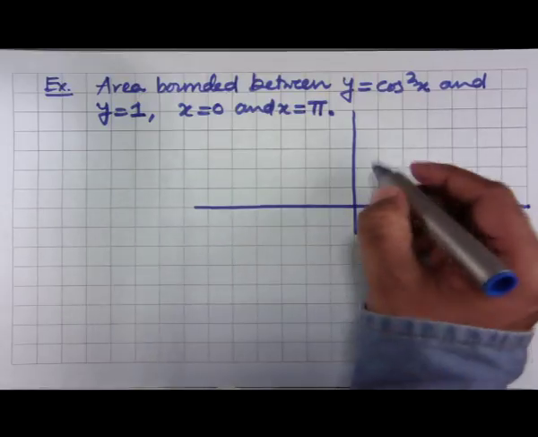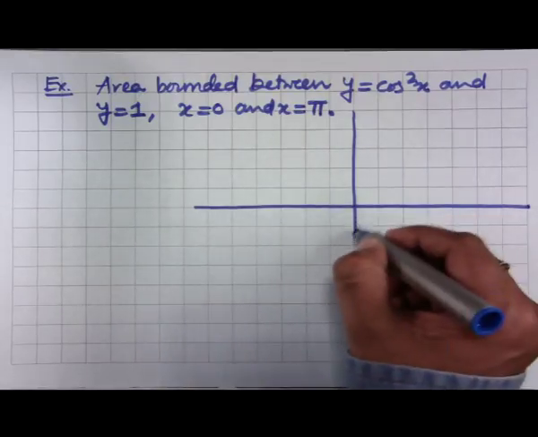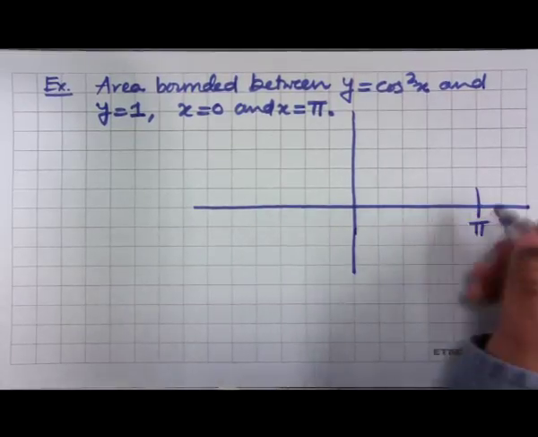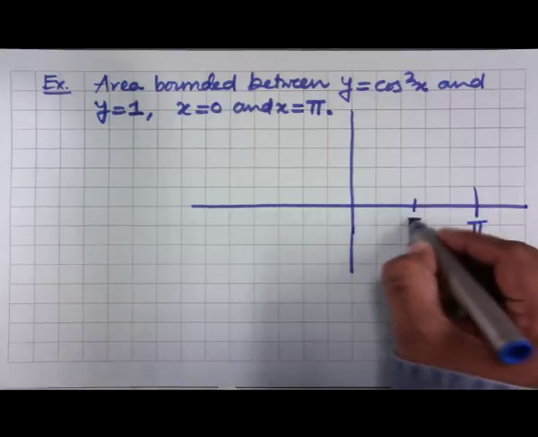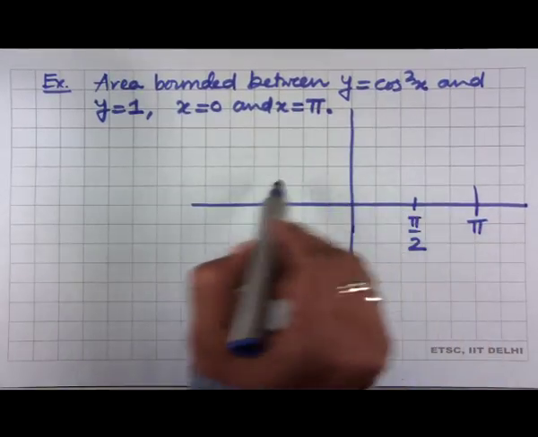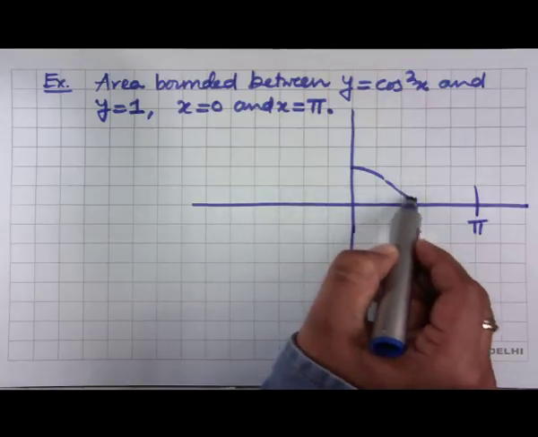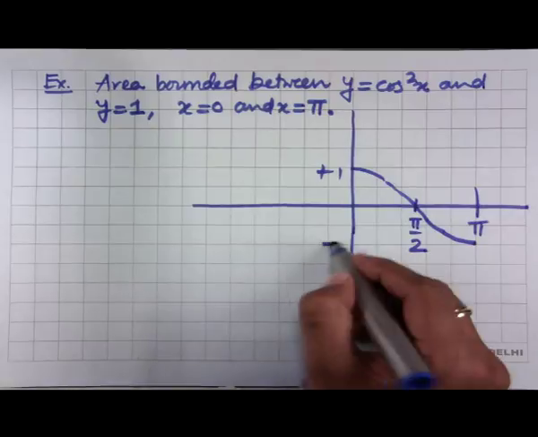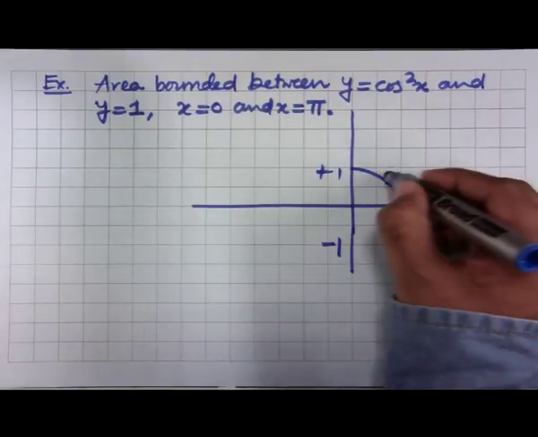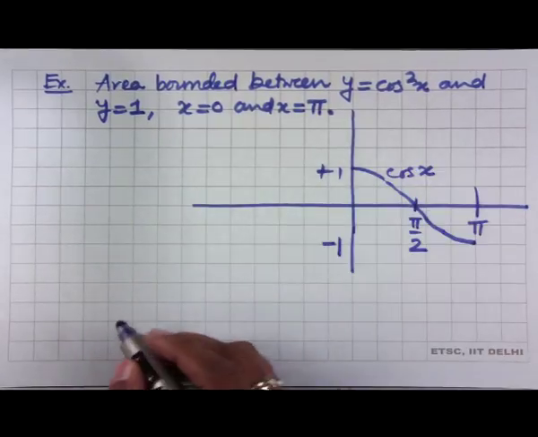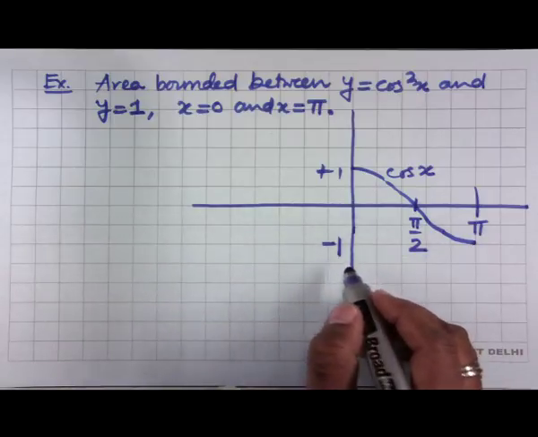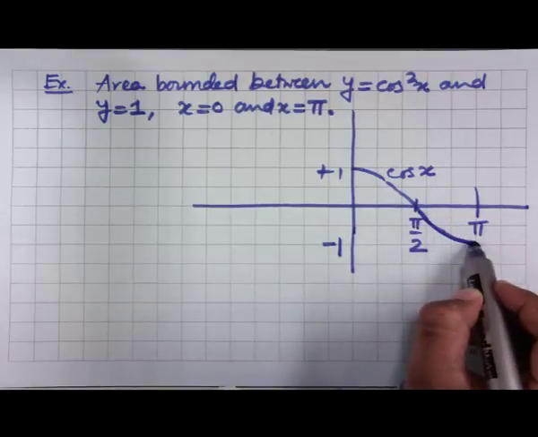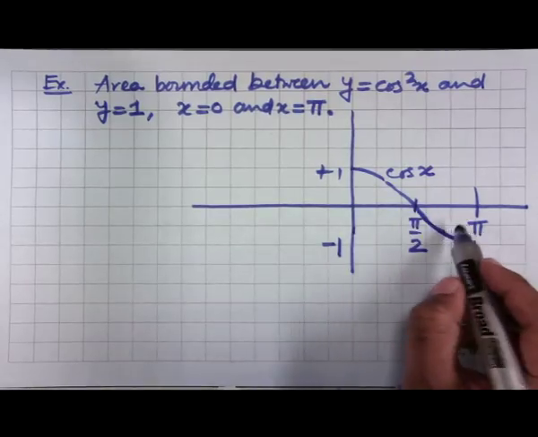You know how the graph of cos x looks like between 0 and pi. At 0 it is 1, then at pi by 2 it is 0, and at pi it is minus 1. This is the graph of cos x. Now, if you square it, how will the graph look? This portion will go up because you are squaring it.